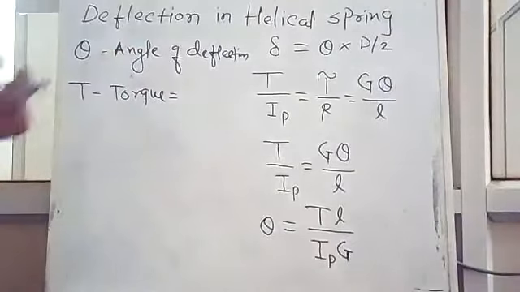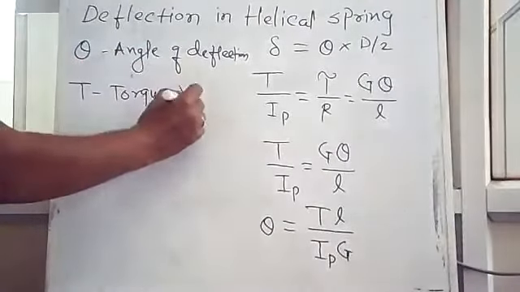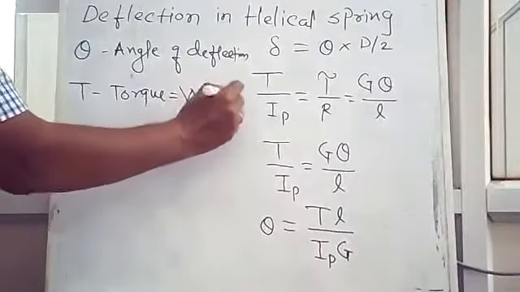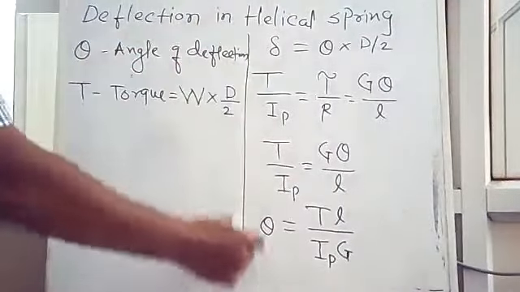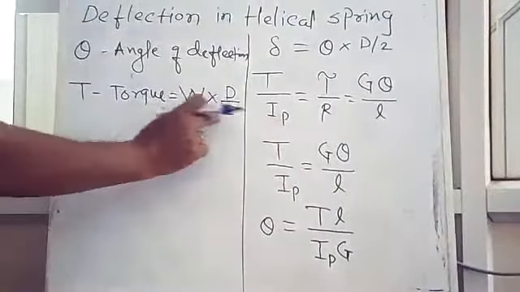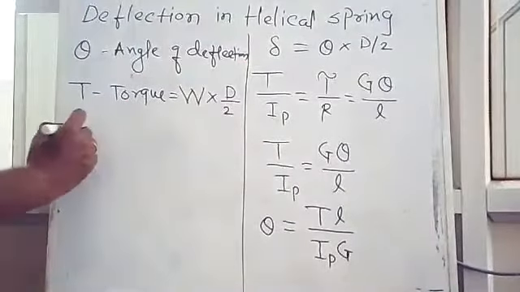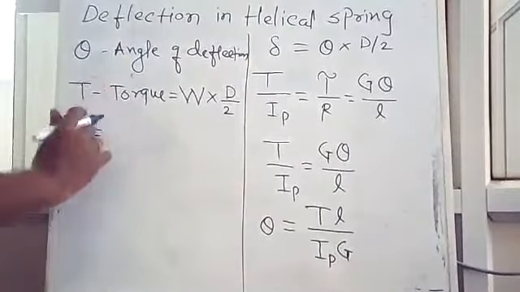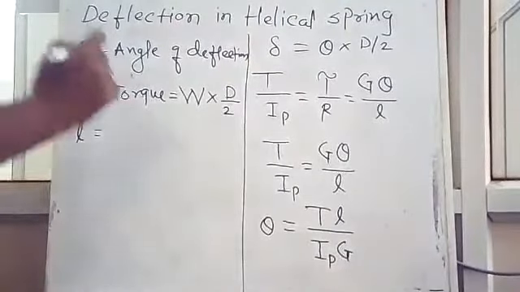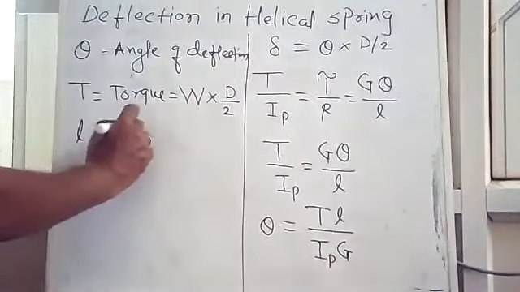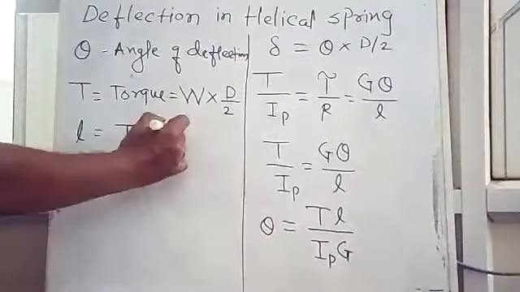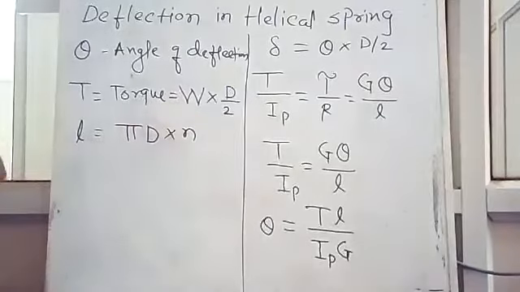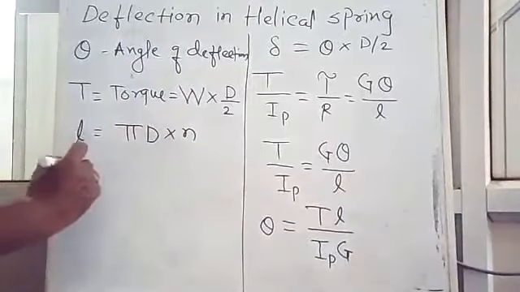How we can define torque? Torque equal to force multiplied by radius. So it is the force W multiplied by radius, which is D by 2. Okay. So torque T. L is the length of that spring for one turn. For one turn, you can say pi into D is the length of one turn, multiply with number of turns. So that becomes length of that particular spring.